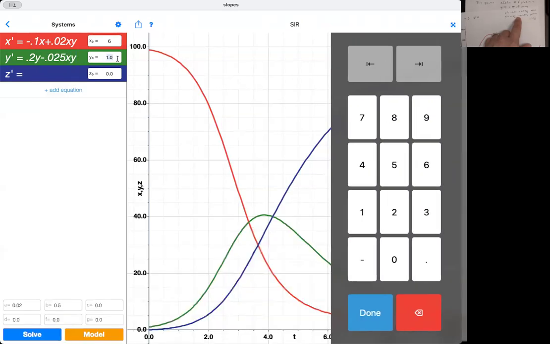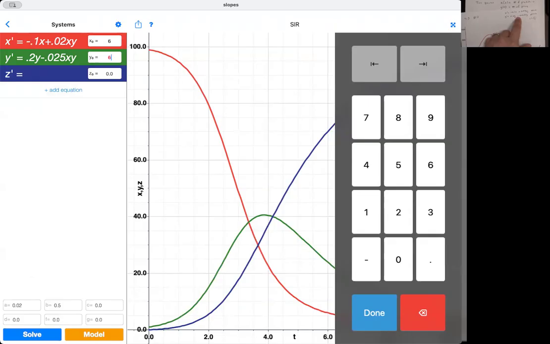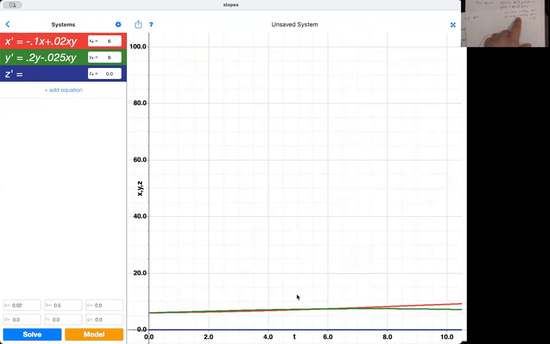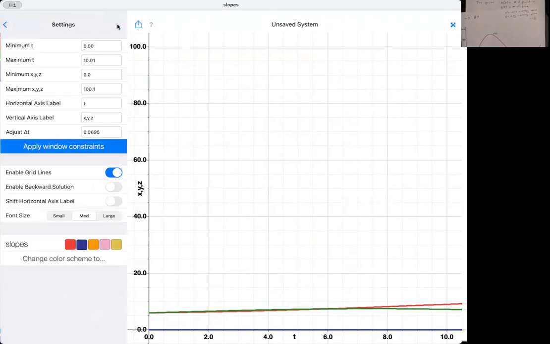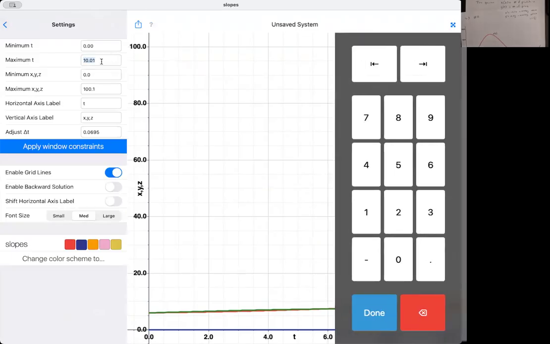We'll start with y of 0, also being 6. Maximum t, we're going to go all the way out to 50. Maximum x values, we're only going to go up to 12.